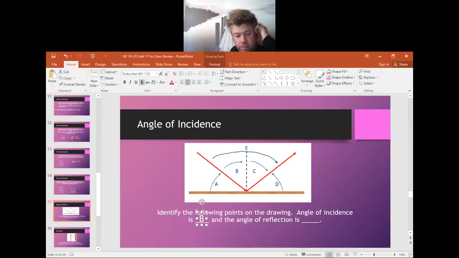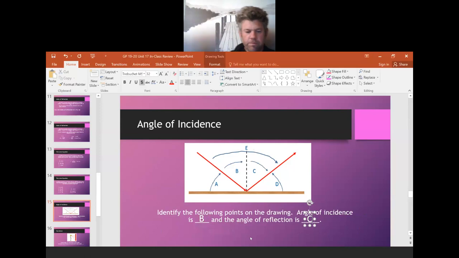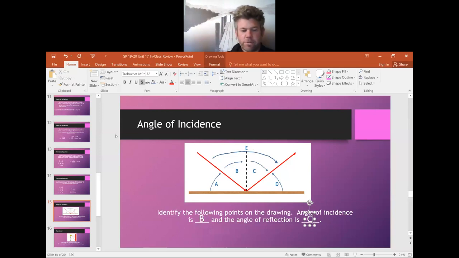Now, the angle of reflection, also with respect to the normal, should be, which point do you think? Yep, you're right. That should be point C. Okay? All right? So angle of incidence and angle of reflection always are based off of that normal point.